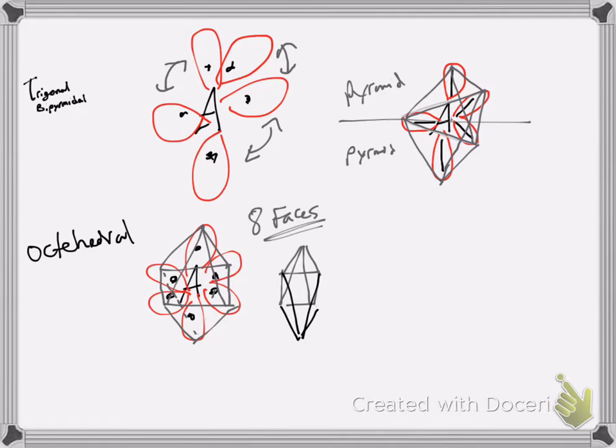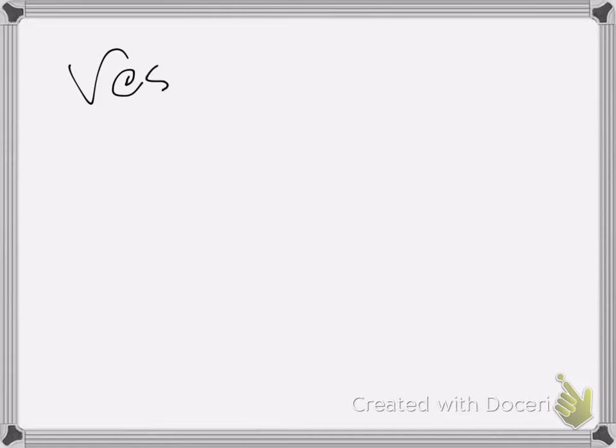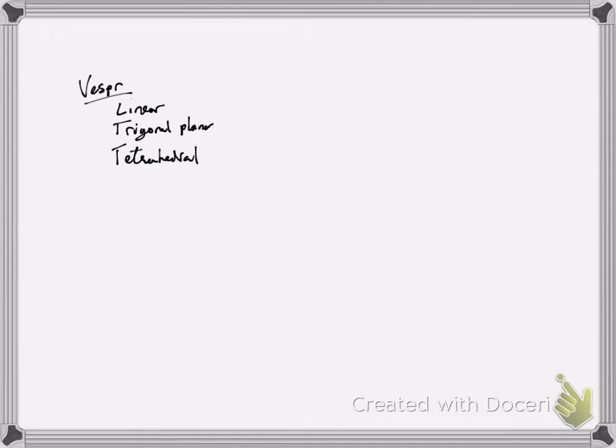There are 5 main ones for VSEPR. VSEPR has 5 main geometries that you need to know: linear, trigonal planar, tetrahedral, trigonal bipyramidal, and octahedral.